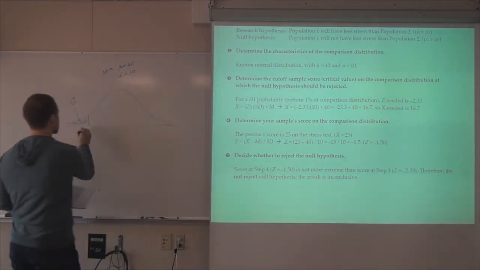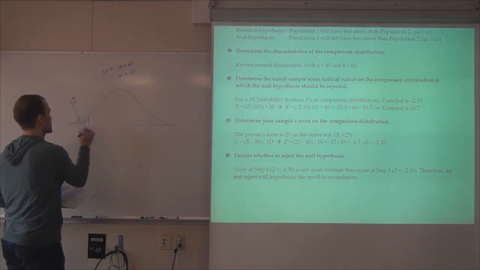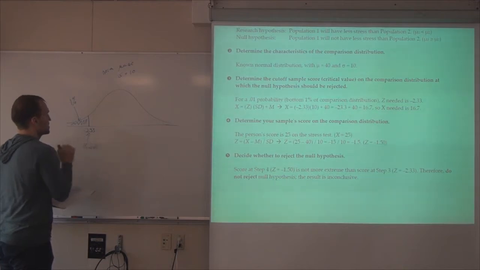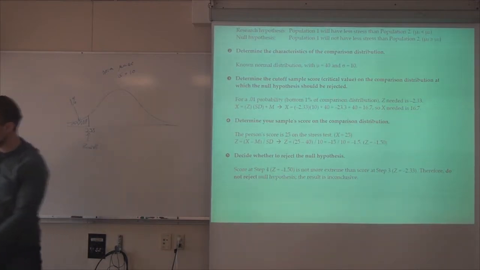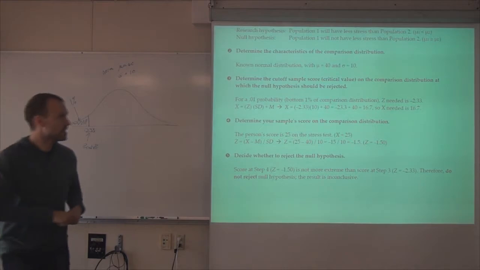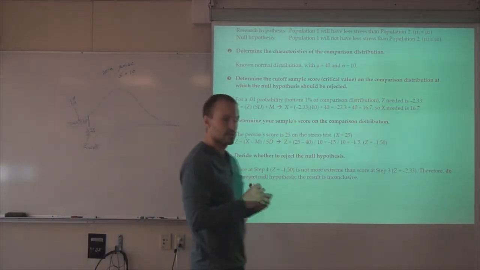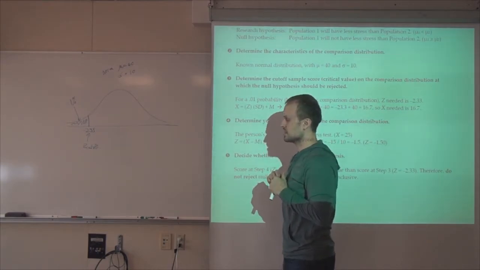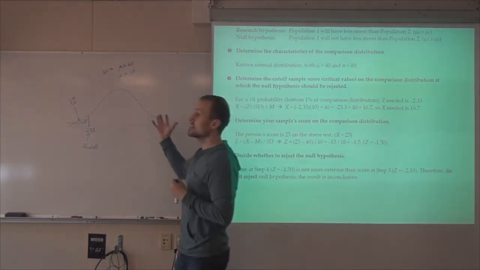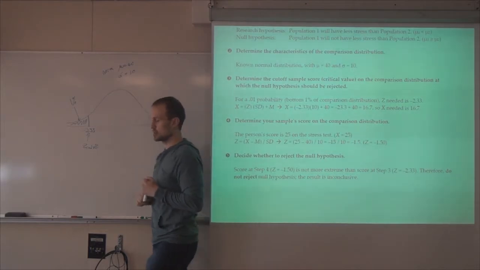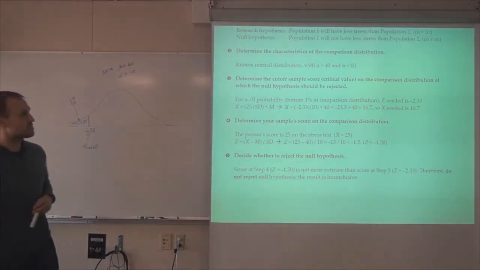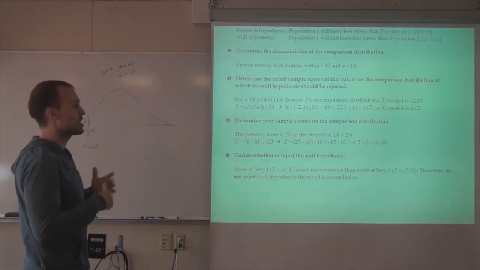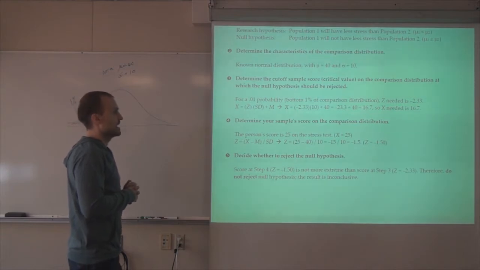But I'm on the left, so it's going to be negative 2.33. This I'll call my Z cutoff. So if my sample falls anywhere to the left of that, I'm going to say, oh, that is pretty extreme. I'm not going to expect to get that unless there has been a change in the population due to the stress reduction method.